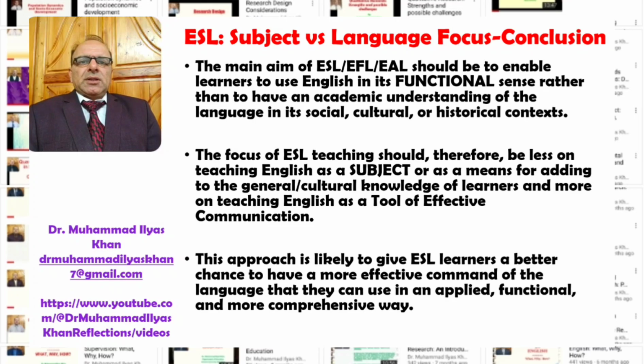Again, the question that I asked in the very beginning: why is it that after years of school education, college education, and also university education, ESL learners are unable to make practical use of the English language? That is both in its written and verbal form, in terms of listening comprehension, proper pronunciation, or communication.